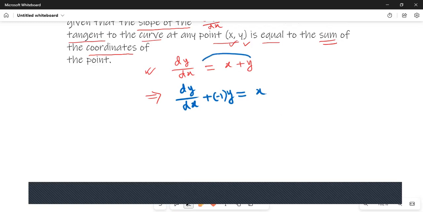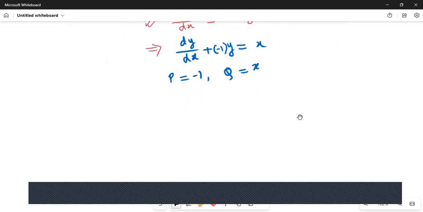We have shifted y towards left, which is minus y. So I have written in this form. So P is -1, Q is x. Then I will try to find the integrating factor, which is e to the power of the integration of -1 dx. So that is nothing but e power minus x.